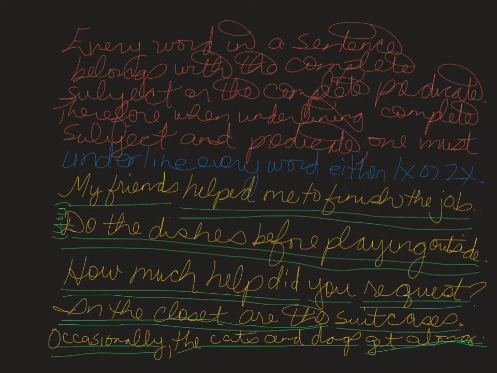Remember, I told you this on the last page, but in order for you to do your second exercise correctly today, you must remember this. If you are separating your sentence into complete subject and complete predicate, every single word in that sentence should be underlined either once as part of your complete subject, describing your subject and telling you more about your subject, or your complete predicate, your main simple verb predicate plus direct object, predicate noun, prepositional phrases that describe your verb, adverbs that describe your verb, anything, okay?